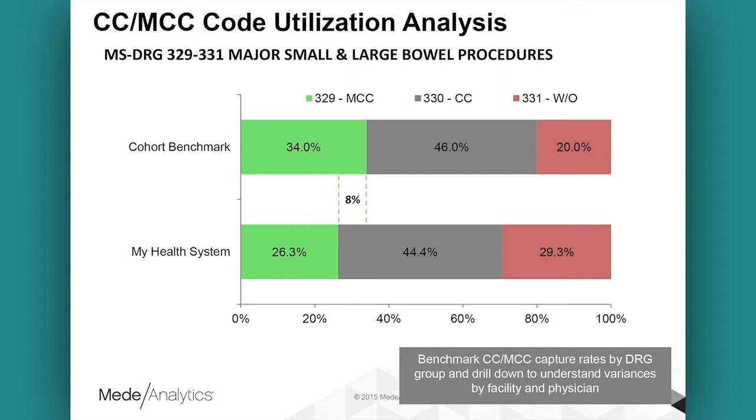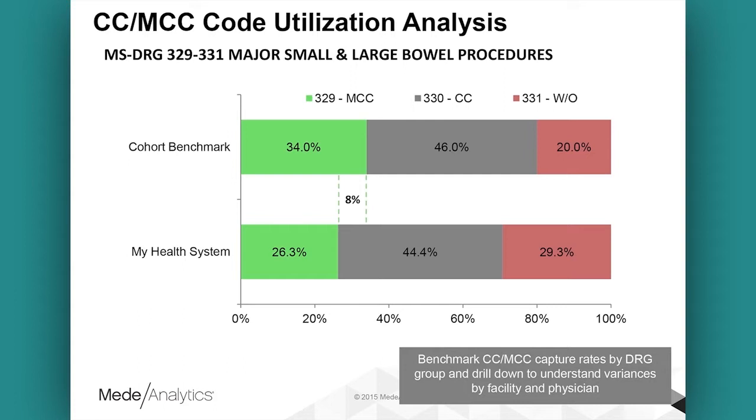And just very quickly and visually, we can see a difference of approximately 8% in terms of our MCC capture rate. So the driver behind that variation in case mix index is we're actually capturing CCs at approximately the same rate as our peers, but we're missing major complications and comorbidities at a rate of about 8% lower.